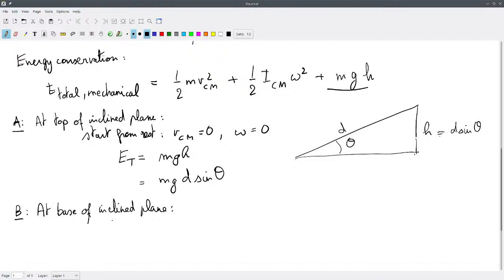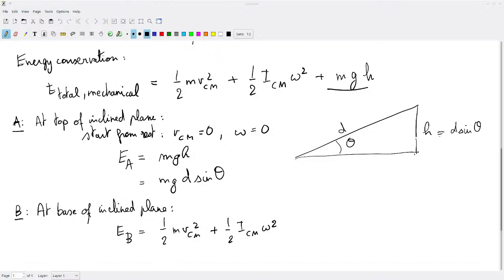So at this point, the total mechanical energy, so here this was E_A, this is E_B, will now be 1/2 m v center of mass squared plus 1/2 I center of mass omega squared plus 0, because we're at that point at zero potential energy.